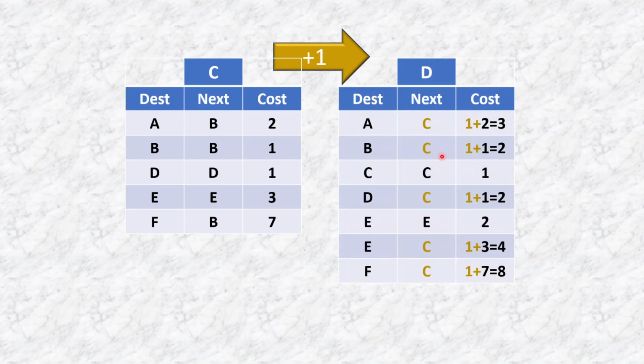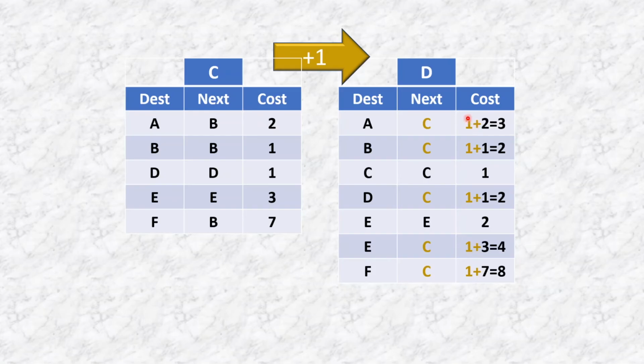There is the table where we've added all these costs. So if we want to get to A, then we can just ask neighbor C to do that for us. The cost at which C can do it is 2.